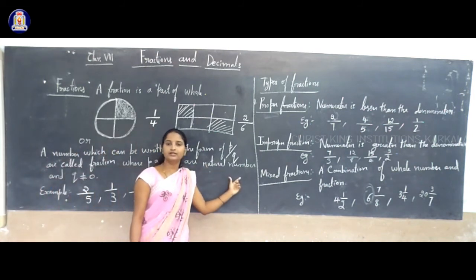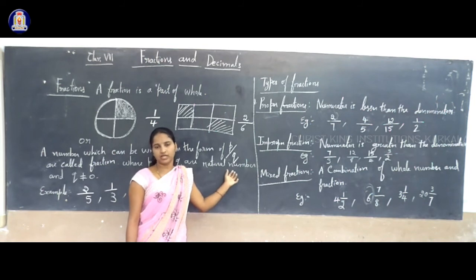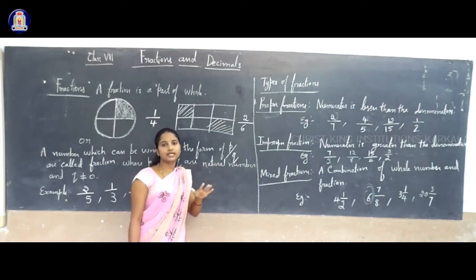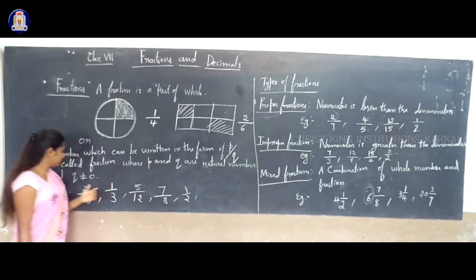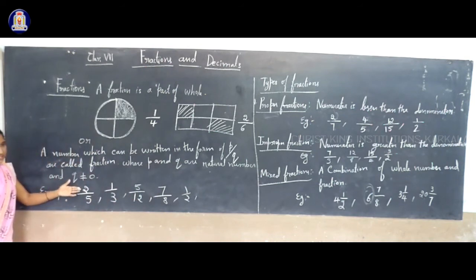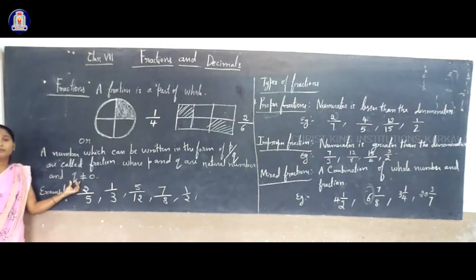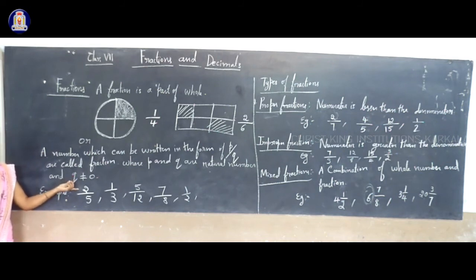We can write only natural numbers. We cannot write negative numbers, minus. We cannot consider integers. Only natural numbers. That is a condition. Then one more condition: the denominator should not be equal to 0.